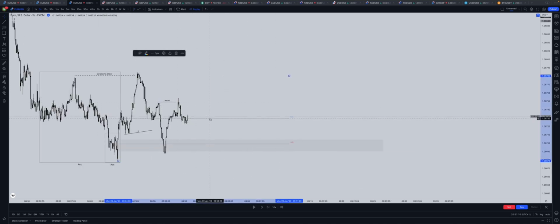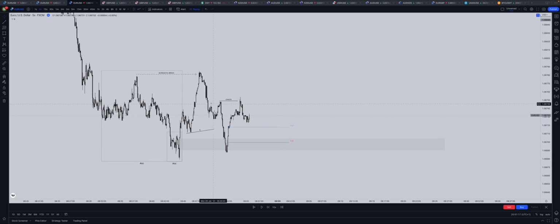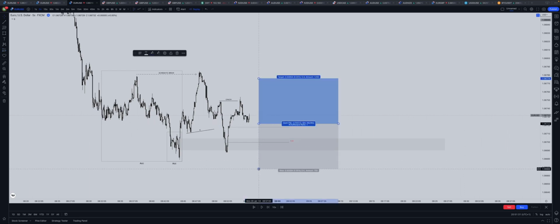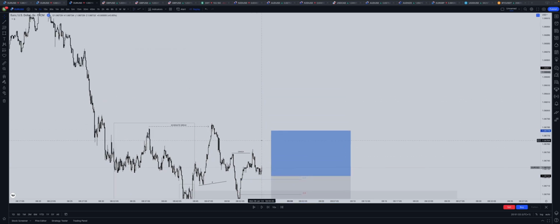So yet again I pulled out my Fibonacci, measured from the high to the low of the shakeout, and I put my entry a bit above the 50%. I always do 2 pipette, 3 pipette, so your entry won't miss.